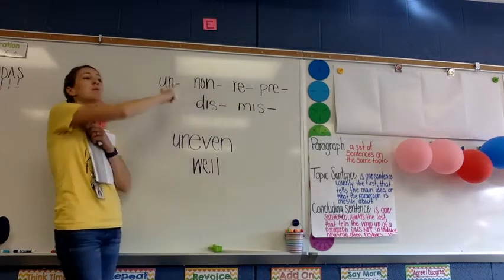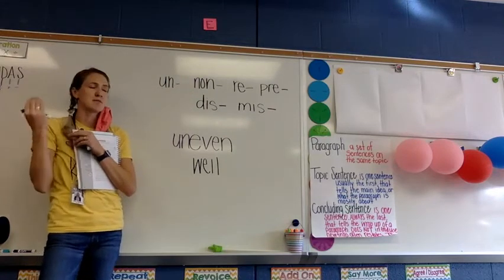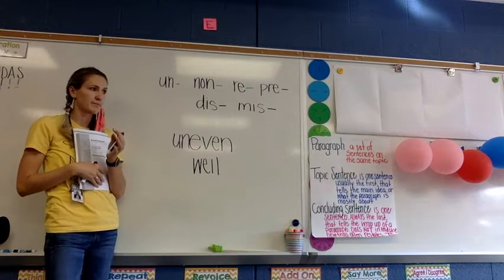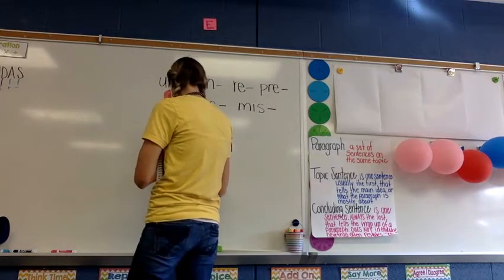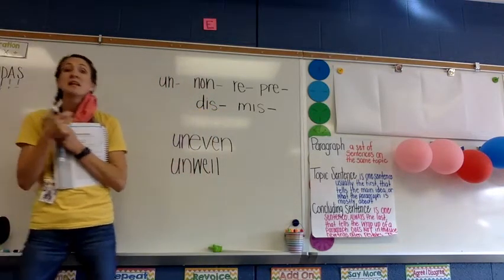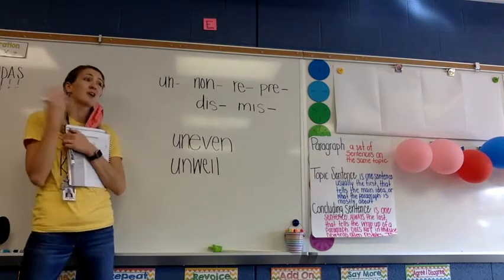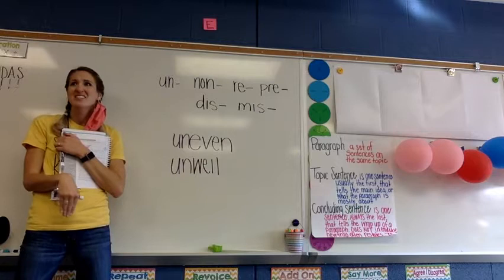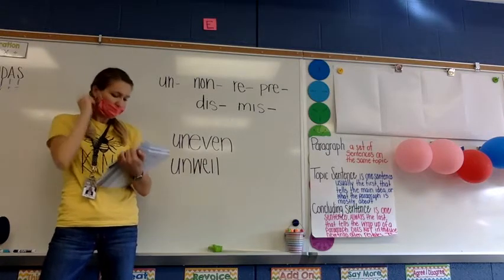That one kind of is, but we know non and un change the meaning the same way. So which one's better, non well or unwell? Unwell. Unwell, good. If you're using these words to describe something, by putting that on the beginning, you're completely changing what you're talking about. If you're well, you're feeling great. If you're unwell, sick, not feeling so great, right? Things are not going so well for you.